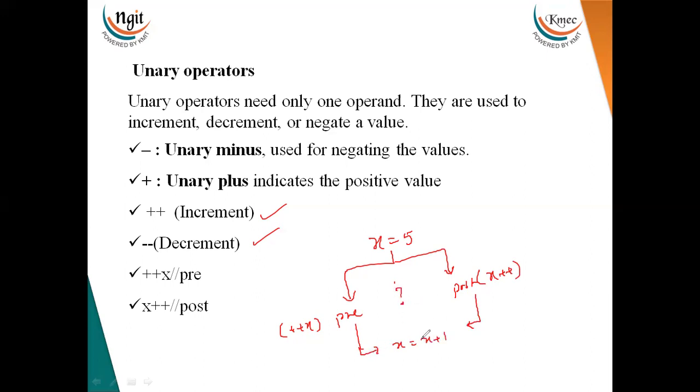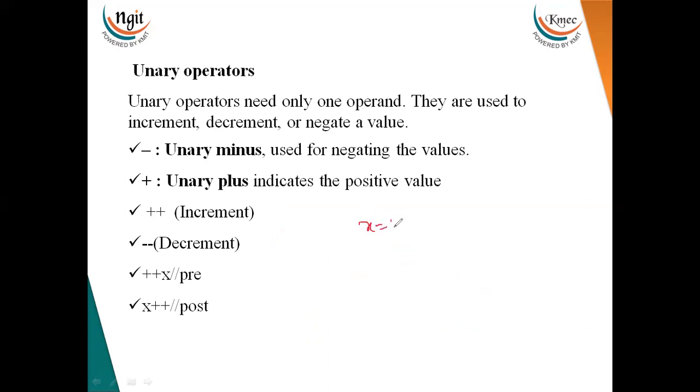Then you can ask, what is the difference between pre-increment and post-increment? If it is a pre-increment, let's say x value is 5, and you say System.out.println with pre-increment, the value gets incremented in the same statement. Now let's say the x value is 5 and we perform post-increment, System.out.println x plus plus. In post-increment, the increment will affect the next statement.